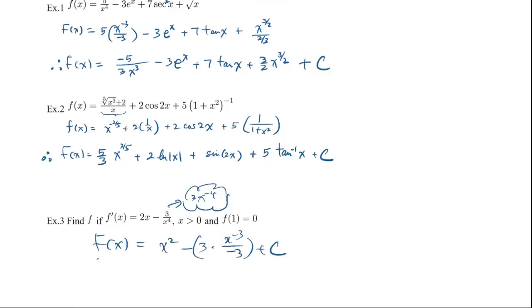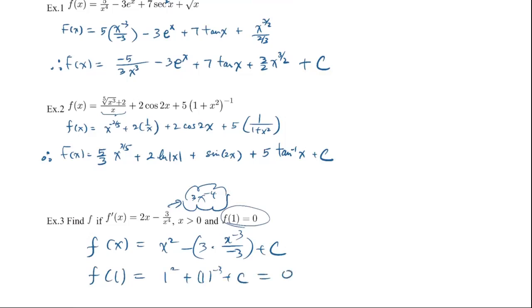Oopsie, I made a boo-boo. That should be small f of x, right? I didn't see that carefully enough. And then the negative 3's will cancel, but more importantly, let's look at that right there. So F of 1, when you plug it in, is 1 squared plus 1 to the negative 3 plus C has to equal 0.